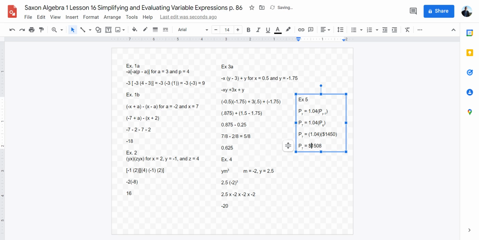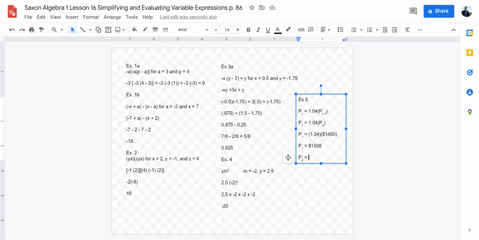Okay, but that's not what I'm asked. I'm asked what the principal after year 8 is going to be. So I need to use this one more time, using this as my new principal balance. P_8 is what I'm looking for. The principal in year 8 is going to equal the principal in year 7 times 104%. And now I know the principal in year 7, which I found from using the principal in year 6.